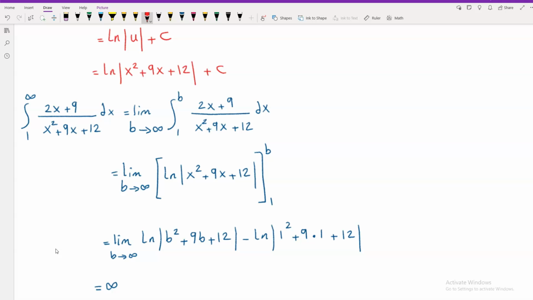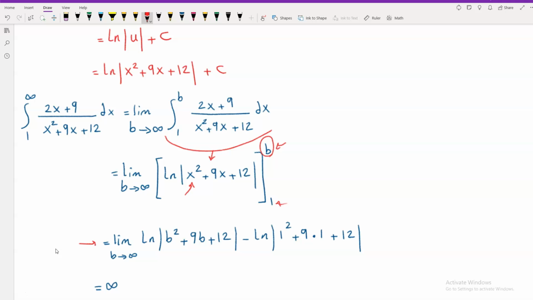So that is our limit, and this is equal to the limit as b approaches infinity of natural log of the absolute value of x squared plus 9x plus 12, from 1 to b. So first using b instead of x here.